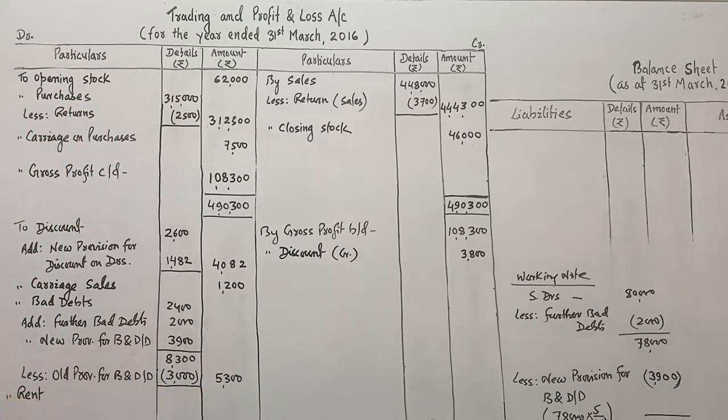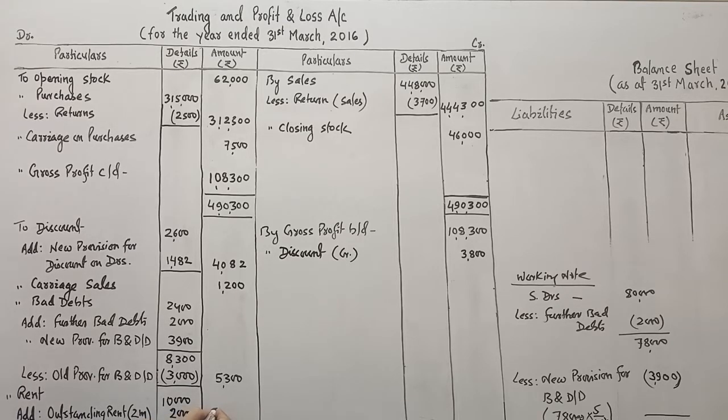It means this rent is of 10 months, so 2 months rent is outstanding, that is 2,000, at 1,000 rupees per month.